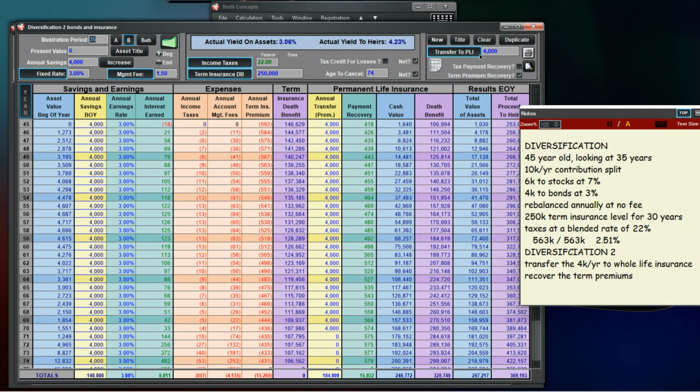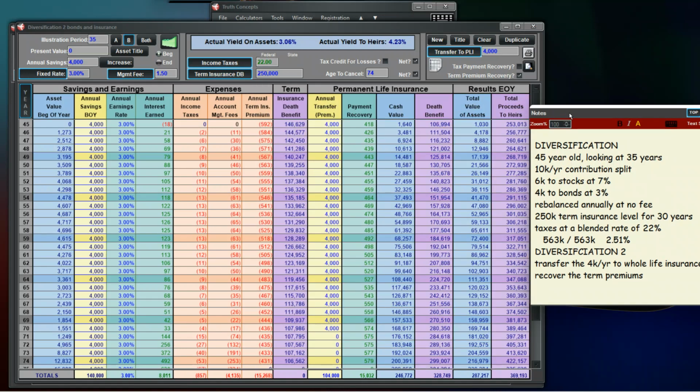This is a whole life product that is your high cash value, low death benefit approach. That might not be right for you. Maybe you should have low cash value, high death benefit, but nevertheless, that's what we're looking at right now. And I'll inch that over so we can see. So here we've got diversification 2, transferring the $4,000 to the whole life insurance product, and we are recovering the term premiums, basically putting them back in the bond account.